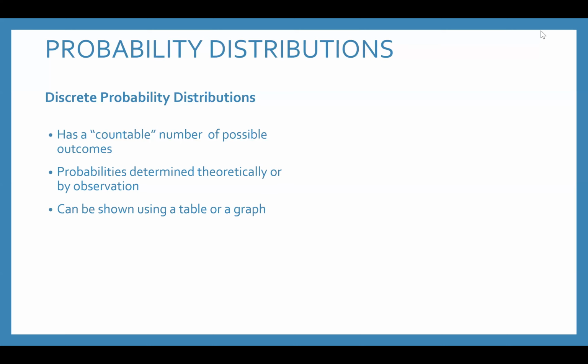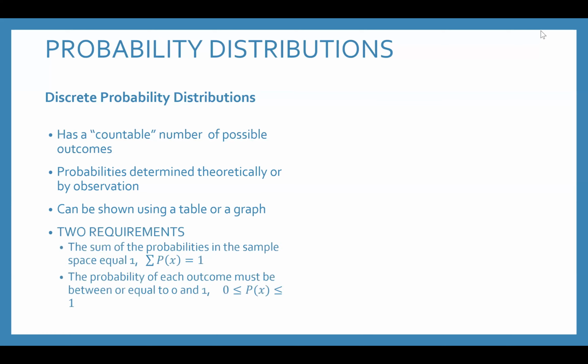We typically display a discrete probability distribution either using a table or a graph. And there are 2 requirements for a table or a graph to be considered a discrete probability distribution.